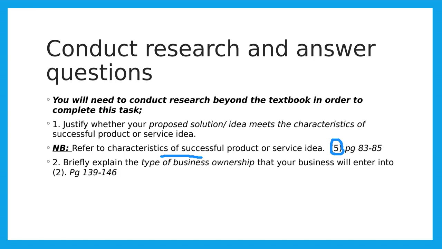You could say, in order for a product to be successful, it needs to be able to generate an income. My product would generate an income because if I sell it, people would want to buy it. It's something that they need and would use. Therefore, I should receive a profit for it, so it meets that characteristic of being successful.